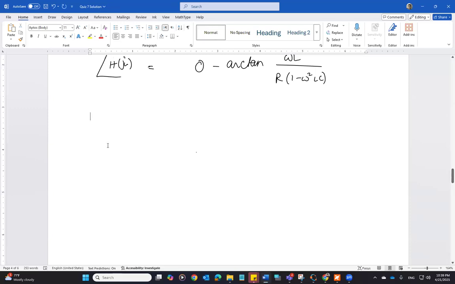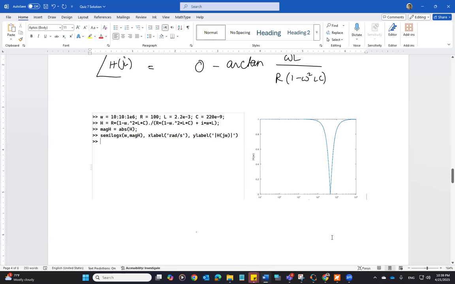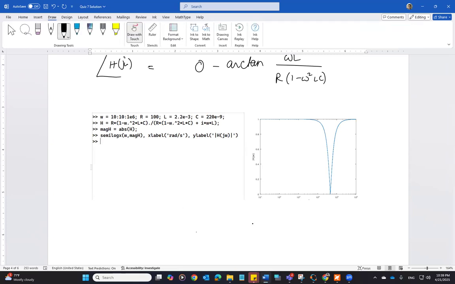We have done plotting several times. Plotting doesn't change. So this is a bandstop filter. It's also called band reject. And that's how you're going to do the derivation of the transfer function as well as the plotting of the magnitude response.